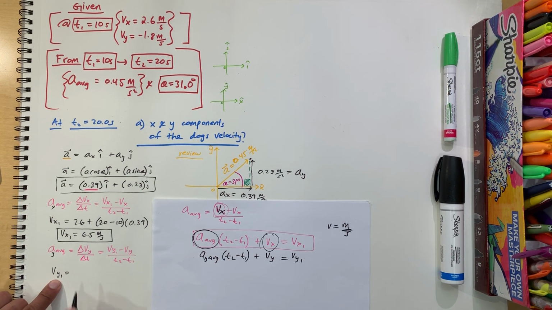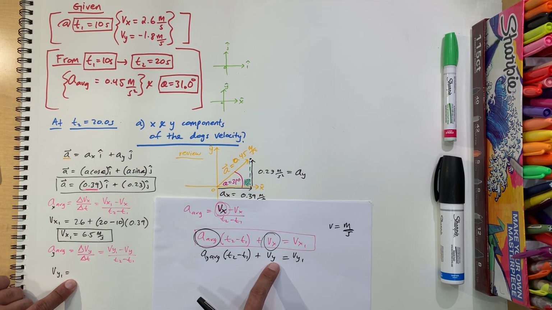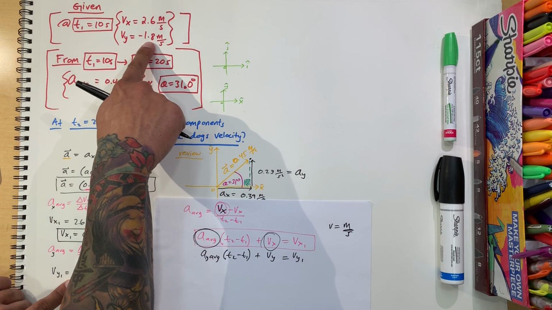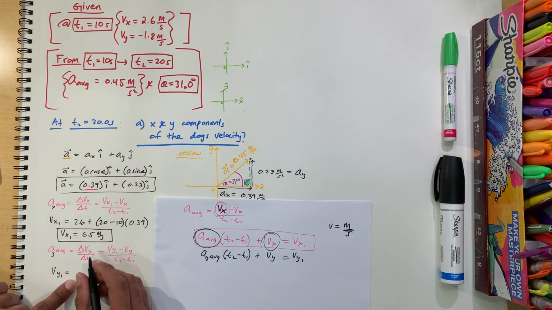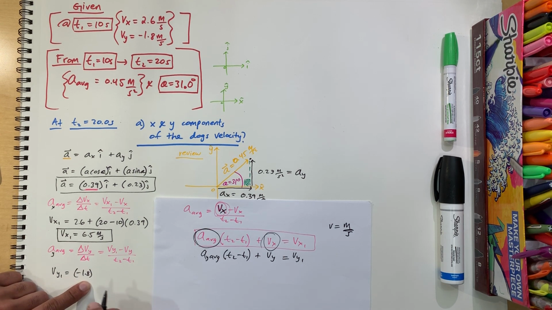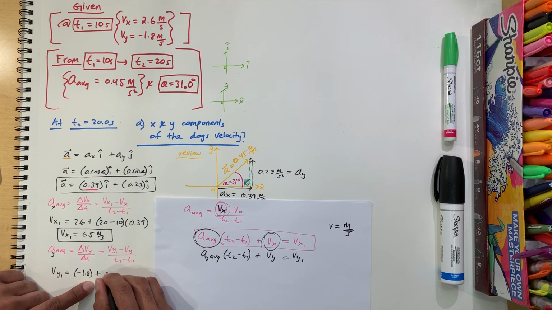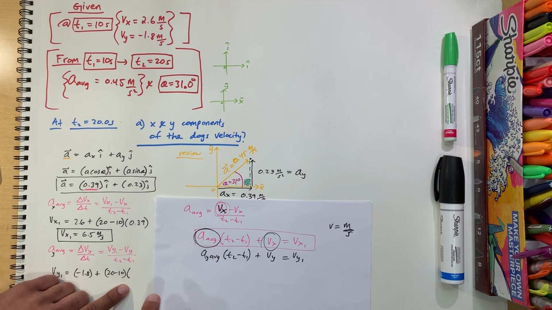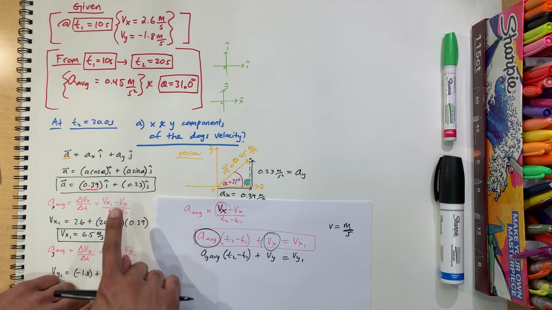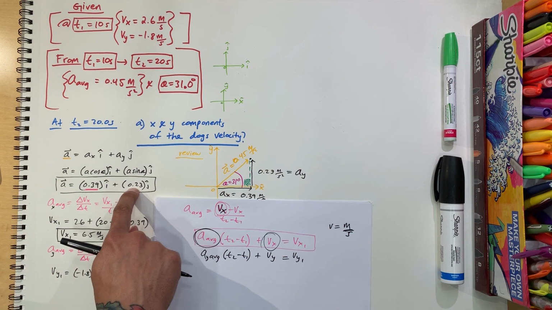So V1y, we got Vy, which was the original, so negative 1.8 meters per second, plus the time, which is 20 minus 10, and then the acceleration in the y direction.